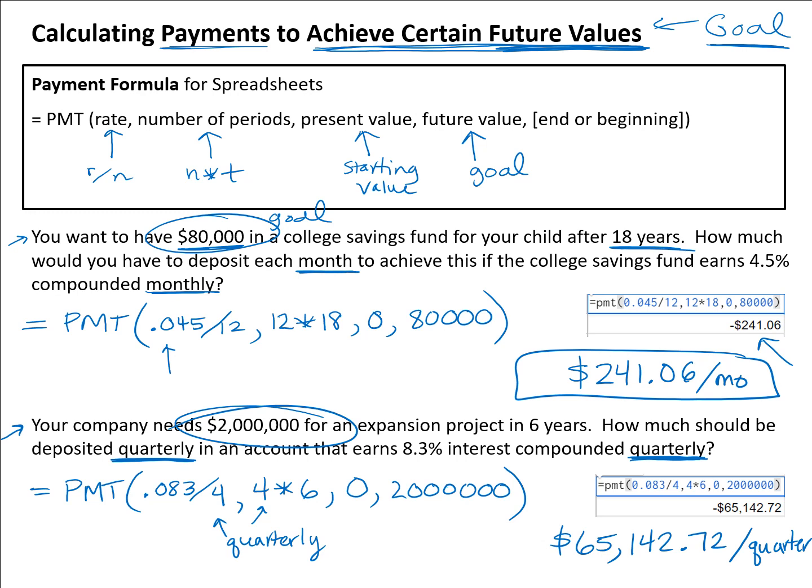What that means is this company over 6 years is earning almost $500,000 in interest because they're taking advantage of compound interest. They're putting money aside slowly over time, because maybe they can't afford $2 million all at once, but they can put in a lesser amount as long as they're doing it on a regular basis and actually end up earning, like I said, almost a quarter of what they need in interest within 6 years.